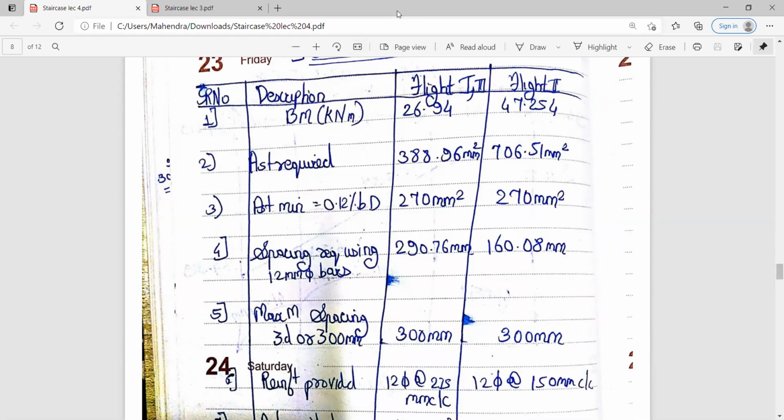So can you tell me the formula to calculate the Ast required? Yes, anyone from you? Yes, Omkar, Tanveer. Can you tell me the formula for Ast required?